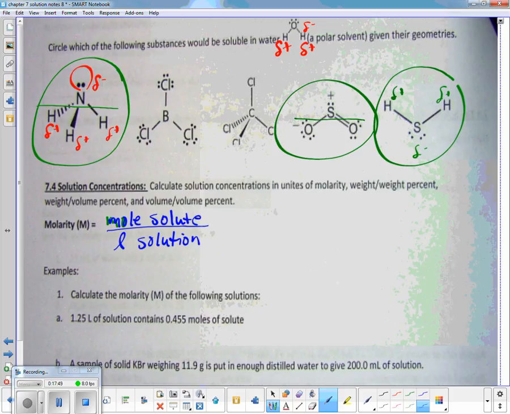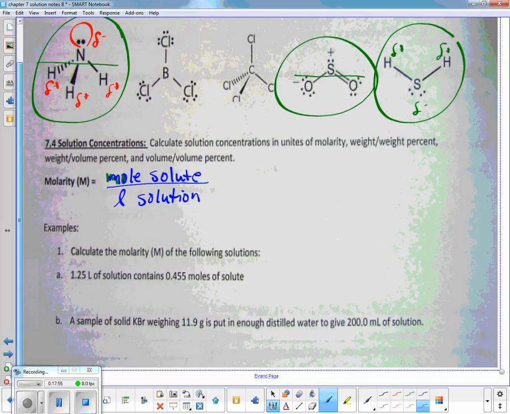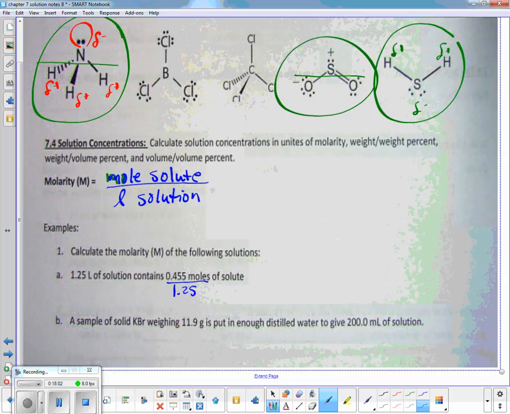Okay. All right, so you need to be able to calculate molarity, and basically that's just taking moles, dividing it by liters, and you got your answer. Now, if you don't have moles, you got to find moles first.